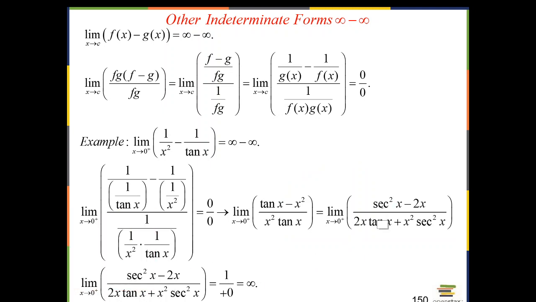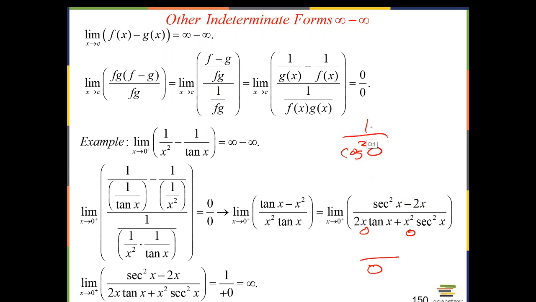Okay, so that's what we get, and then we just substitute. Now we substitute, we actually get an answer, because if you substitute 0 here and 0 here, this is just 0, so the denominator goes to 0, right? And the numerator, what is secant of 0? Secant is 1 over cosine.